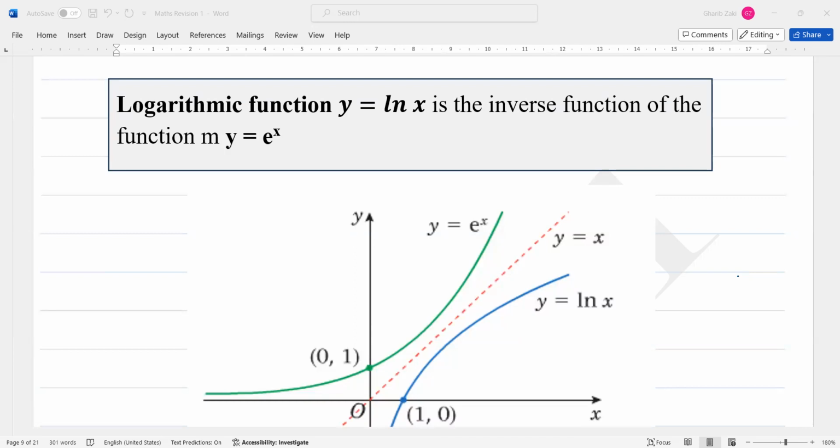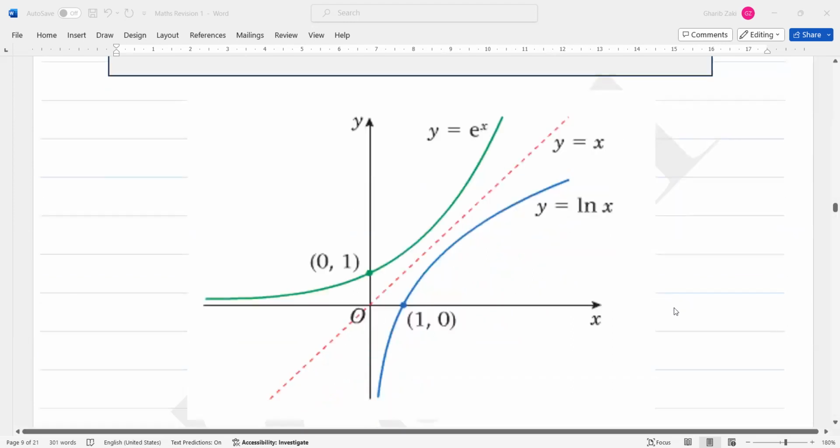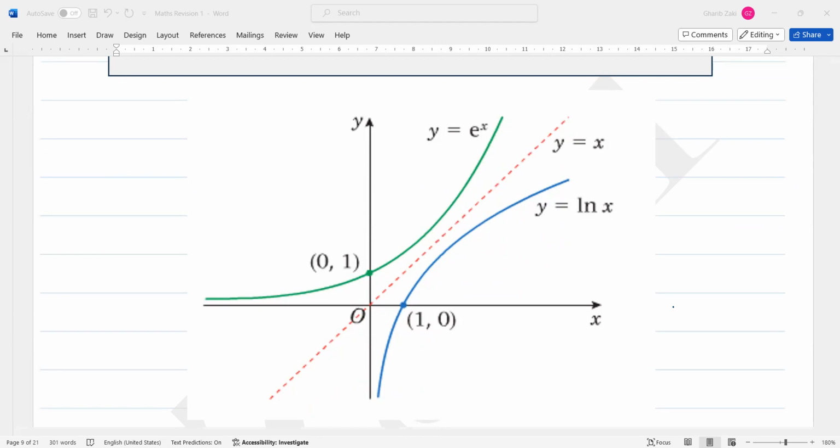The domain of e to the power x is x belongs to R. The range is y greater than 0. ln x is the inverse function of e to the power x. So ln x intersects the x-axis at (1, 0). Remember the domain and the range.